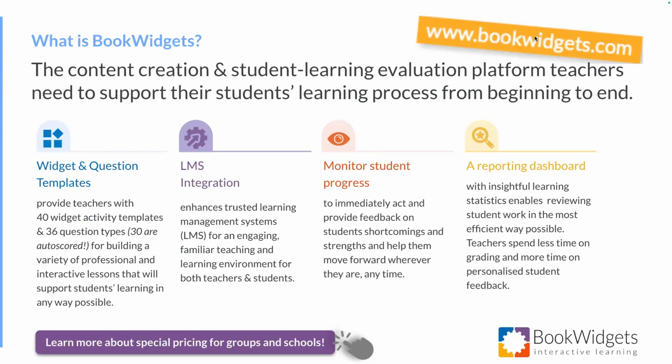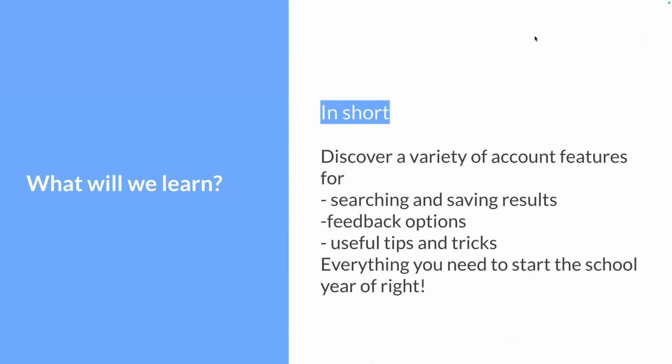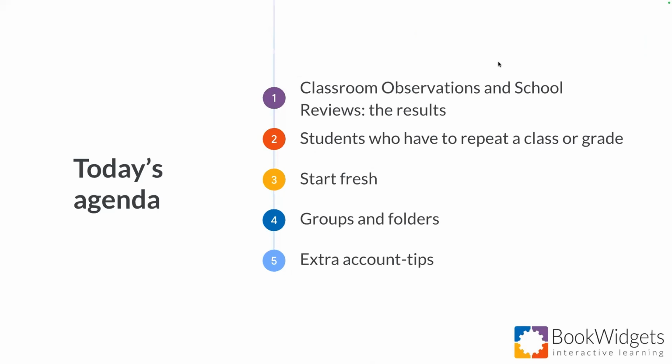All right, so today we're going to take a look at very specific account features for searching and saving results, some different feedback options, and just some overall useful tips and tricks so that you can wrap up this school year and start the next one when it comes time.